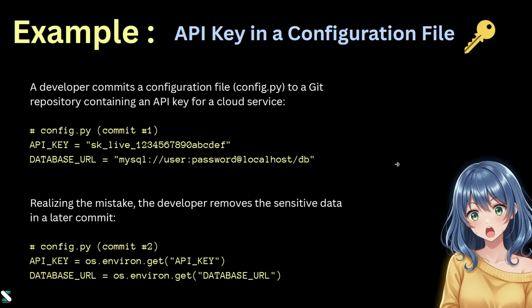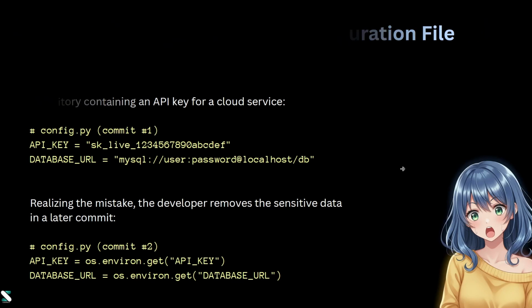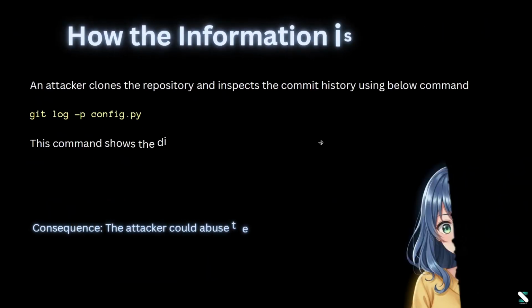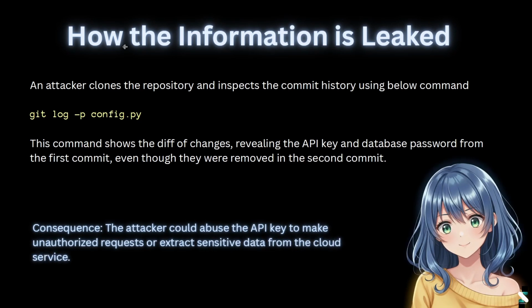But now the issue is, let's understand how the information is leaked. The attacker clones the entire repository. If the attacker has access to it, they will clone the repository and inspect the commit history.